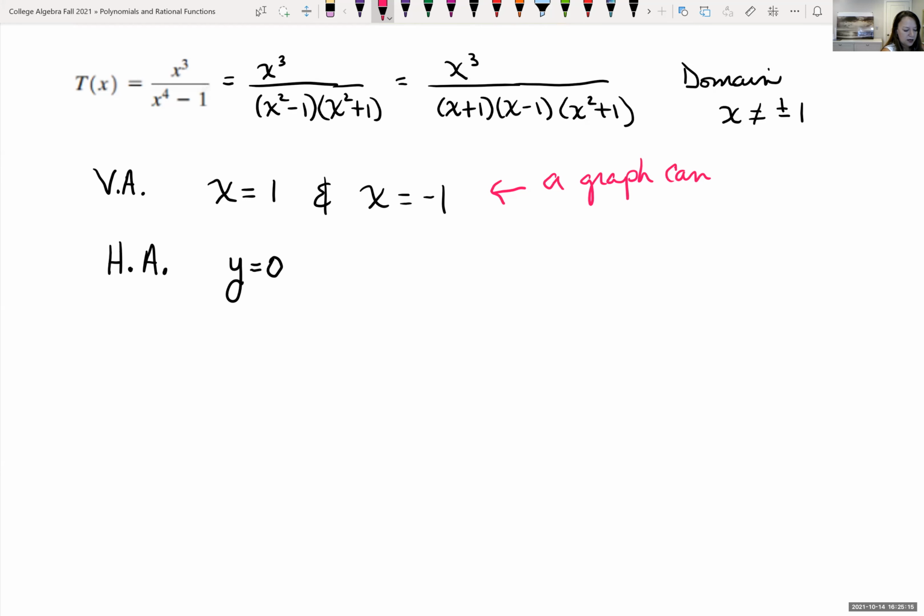So a graph cannot, sorry, cross a vertical asymptote. I'm just, again, going to call it VA just to save some time on writing. A graph can cross a horizontal asymptote.